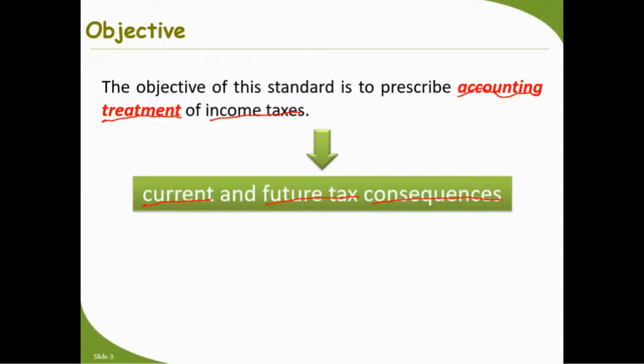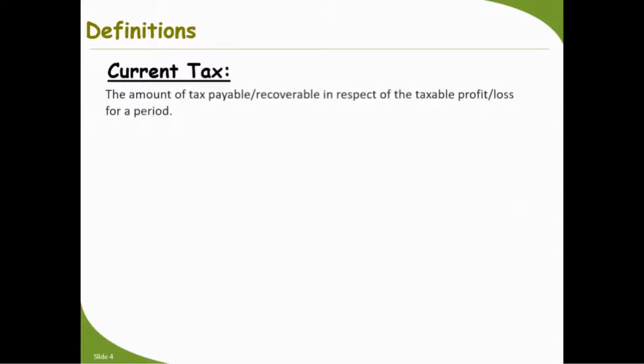financial statements are concerned. So, important definitions: current tax, the amount of tax payable or recoverable in respect of taxable profit or loss for the period. That is important. Now keep in mind, taxable profit and loss is different from the profit and loss presented in your accounting records.